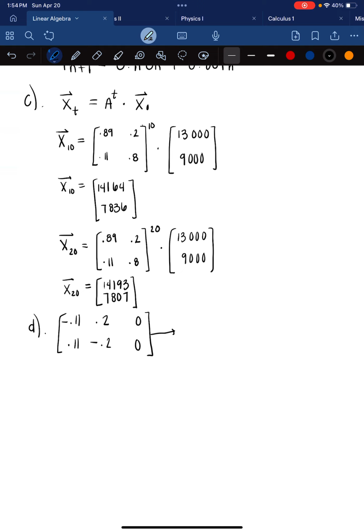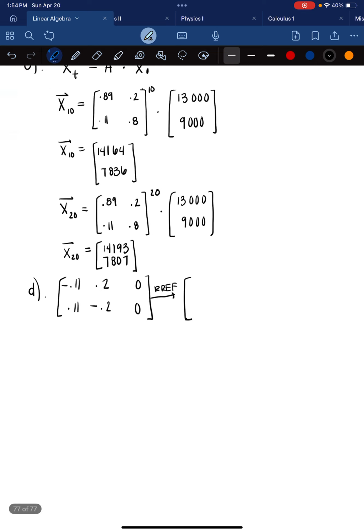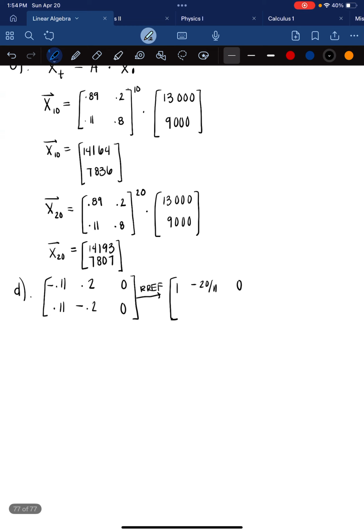And RREF, and we get 1, negative 20/11, 0, 0, 0. This bottom row indicates that we have infinitely many solutions.